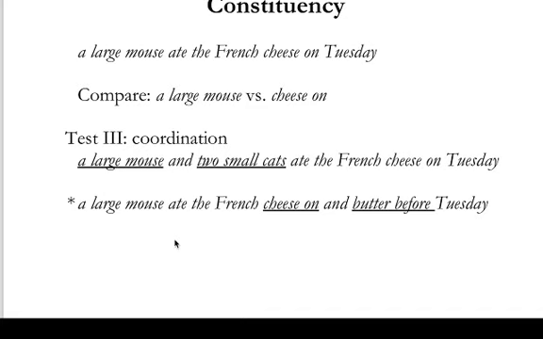The original sentence was grammatical, but if you try this coordination test here, a large mouse ate the French cheese on and butter before Tuesday, not grammatical. Now, in English, there's a separate sort of fact here, which is that you can make this grammatical using a very special kind of intonation. I'm going to ask you to ignore that for the moment and say at least two and a half of these constituency tests are converging on the same conclusion here.